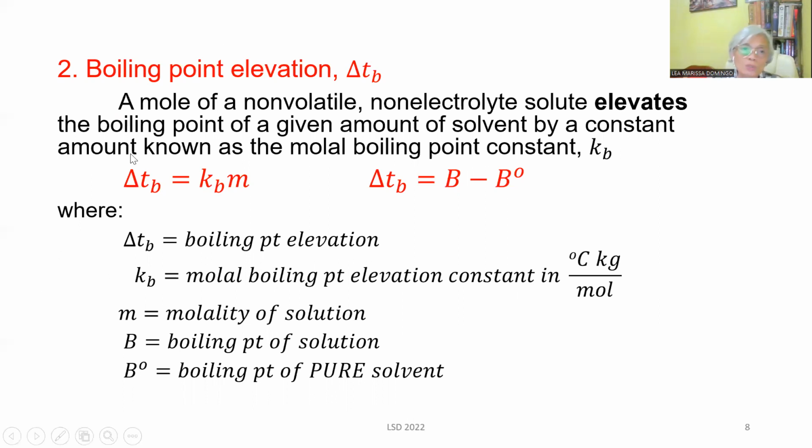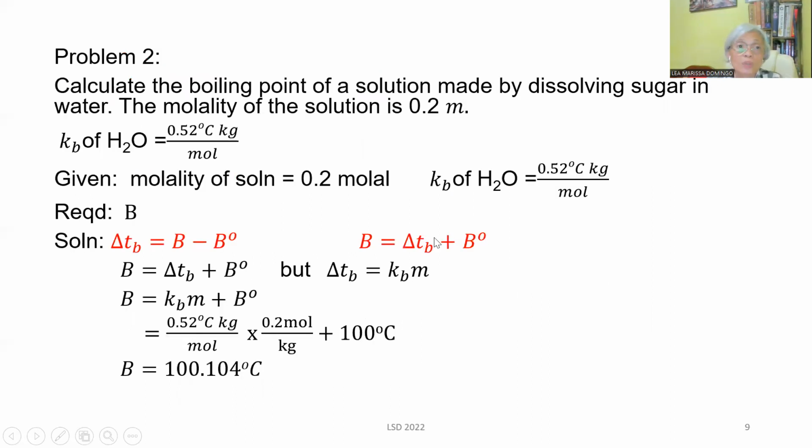Okay? So delta T sub B is equal to K sub B times M, where K sub B is the molar boiling point elevation constant in degrees Celsius kilogram per mole. M is the molality of the solution. And delta T sub B, or the boiling point elevation, is the difference between the boiling point of solution and the boiling point of the pure solvent. So this time, the boiling point of the solution is greater than the boiling point of the pure solvent.